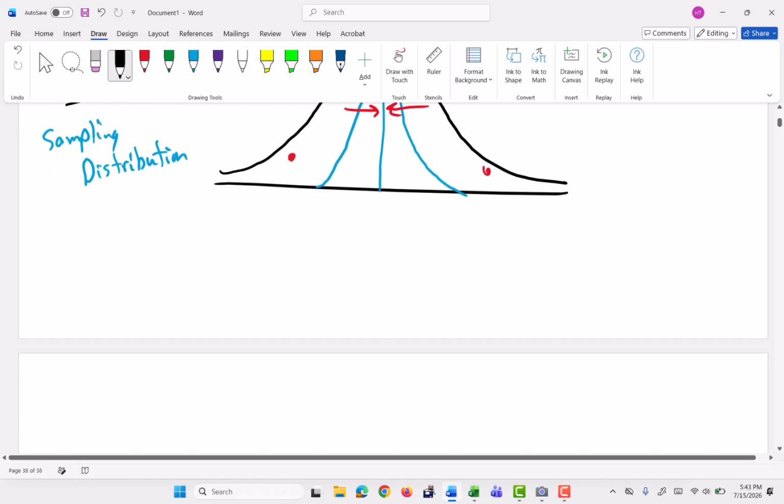And so a similar example might be, let's say we're talking about Wilson's Gym.